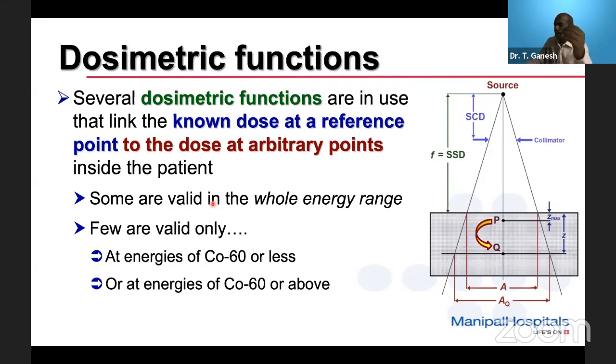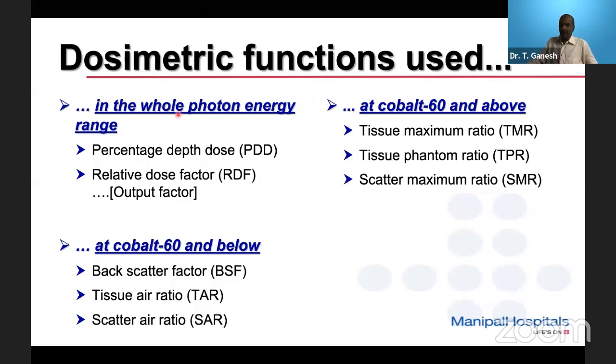Now, some of these dosimetric functions are valid in the entire energy range that we use in radiation therapy. But some of them are used up to energies of cobalt 60 or less, or some of them are valid from cobalt 60 and higher. So what are these dosimetric functions? The ones used in the entire photon energy range are percentage depth dose and relative dose factor, or output factor.